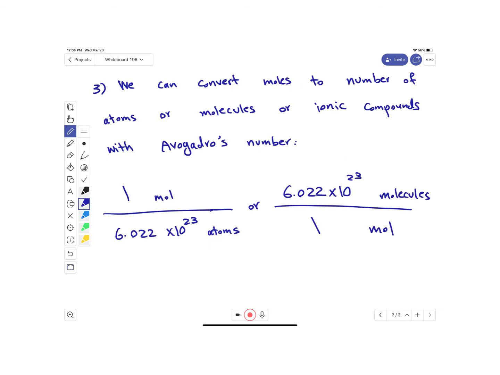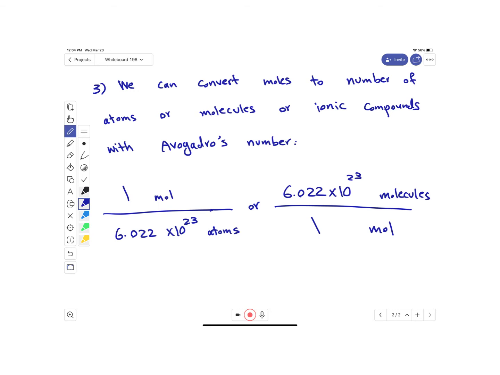And the other thing is Avogadro's number. You have some questions in your exam that ask how many atoms we have in this compound, or how many oxygen atoms we have in this specific compound, or how many molecules exist in this much of the compound.